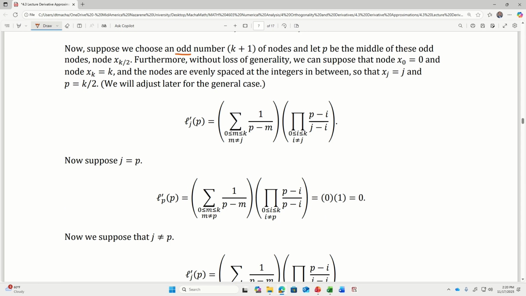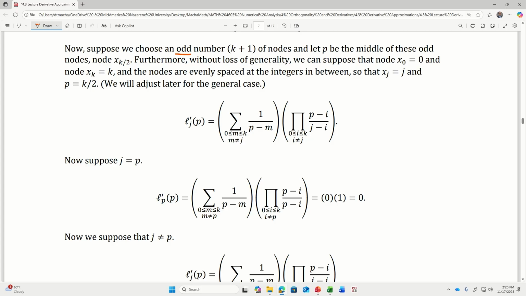We are going to try to calculate what these weights should be, and it's going to be easier if we shift everything and translate and scale it so that the first node occurs at the integer 0, and the last node occurs at the integer k, and all of the evenly spaced nodes in between happen at those positive integers between 0 and k.